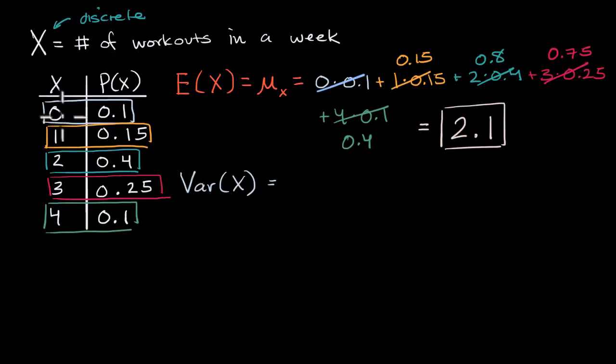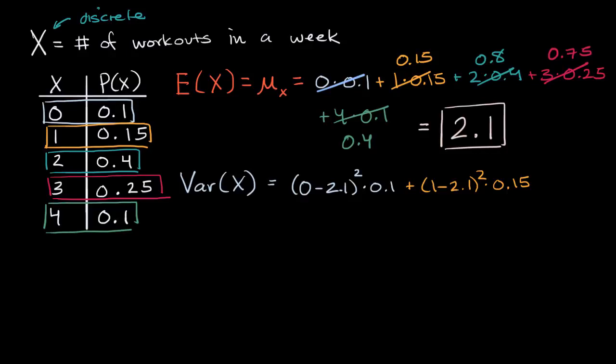So for example, for this first data point, you're going to have 0 minus 2.1 squared times the probability of getting 0, times 0.1. Then you're going to get plus 1 minus 2.1 squared times the probability that you get 1, times 0.15.